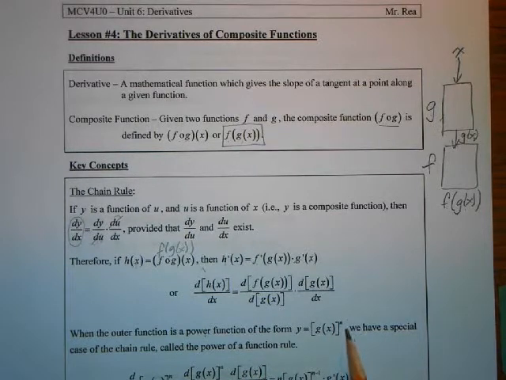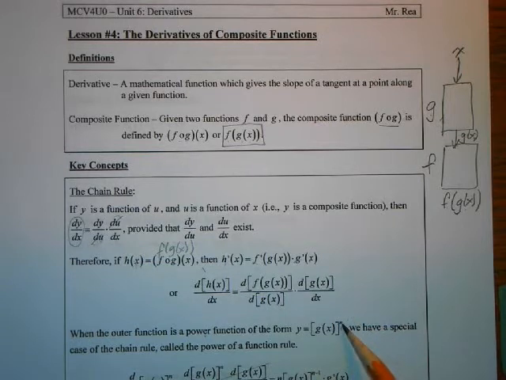So you can't just do it the way you did it with the polynomial rule. You could see. So what we're going to do here is, now let's just skip this part here for a second.